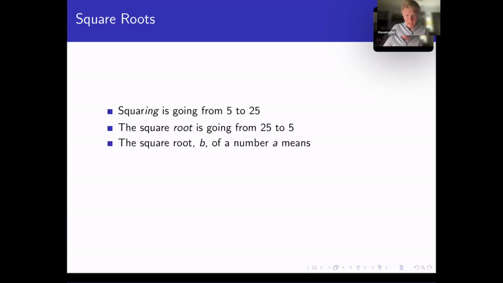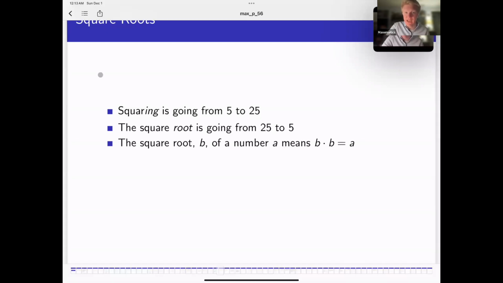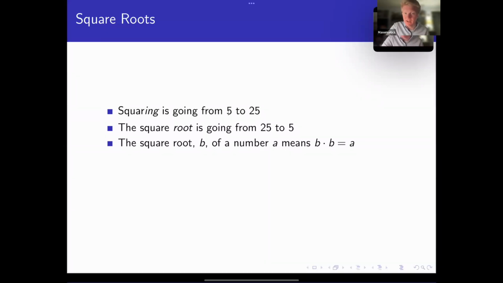If the square root of some number a is b, that means that b times b equals a. Using our example, 5 times 5 is 25, so the square root of 25 is 5.